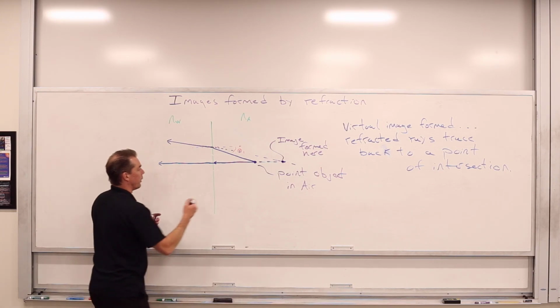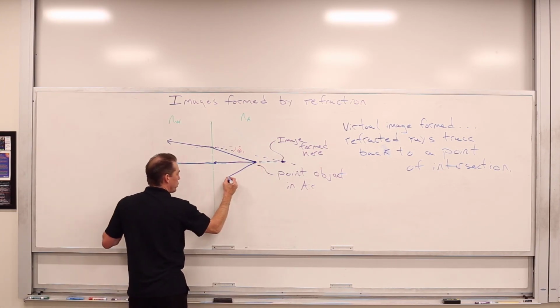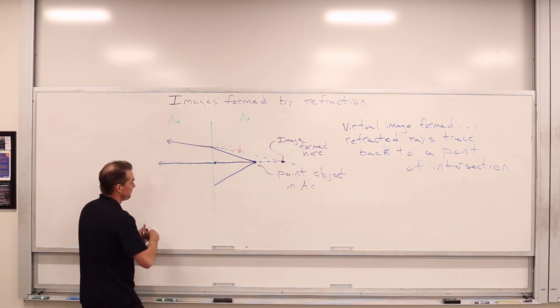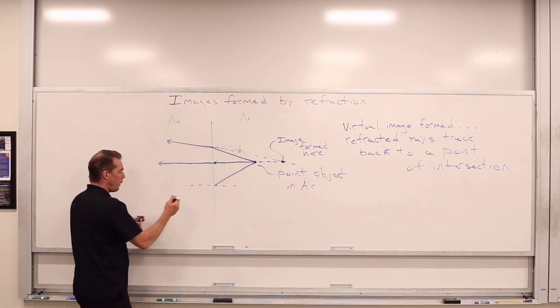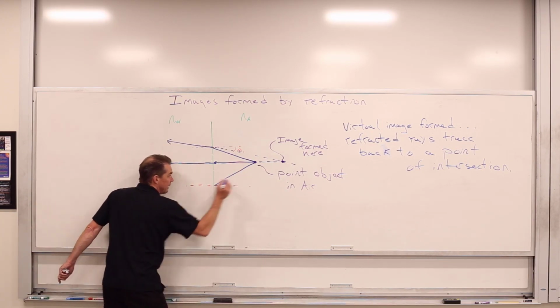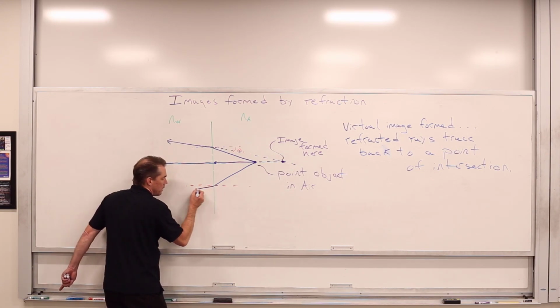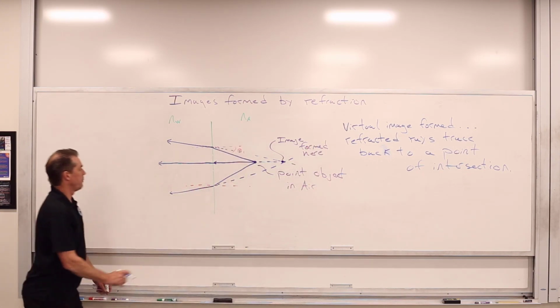Again, we could do this for any rays that we want. There's another ray that does something like this, and then still bends in towards the normal, but it will be such that it is now aligned with that point there.